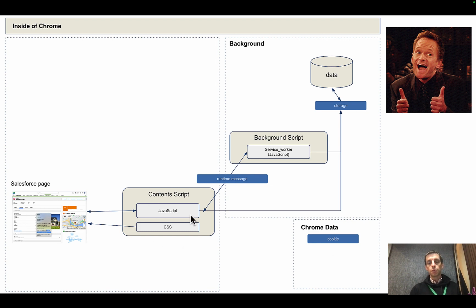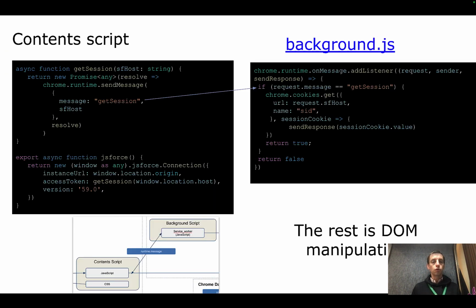There is a content script that communicates with a service worker to retrieve the cookie, and that's it. You inject the script into your Salesforce page, like the new permission set page, and you can do your own customization. The content script is basically the applicative part of your app. You can retrieve the cookie by sending a message to the background script.